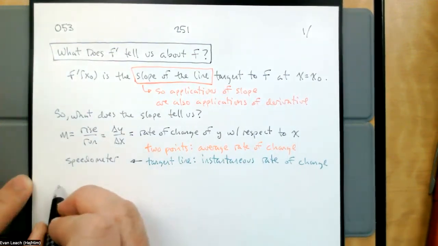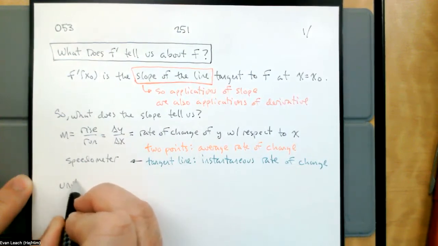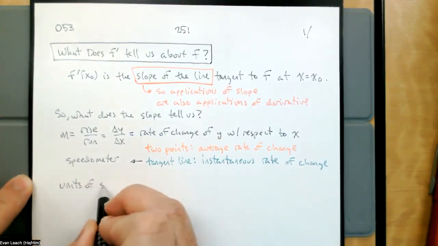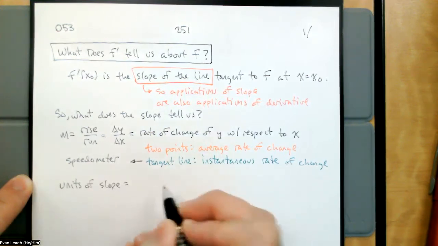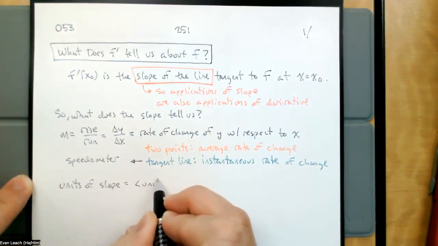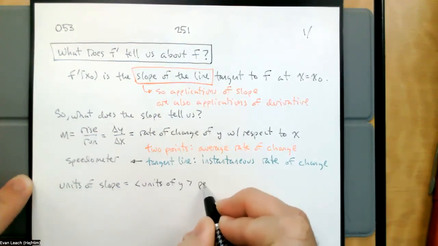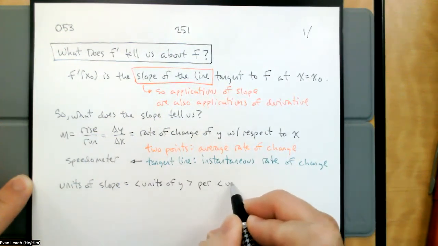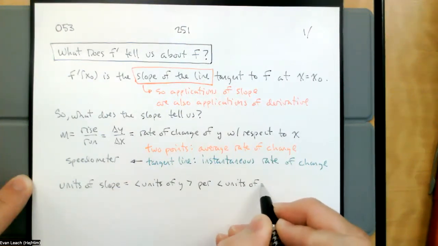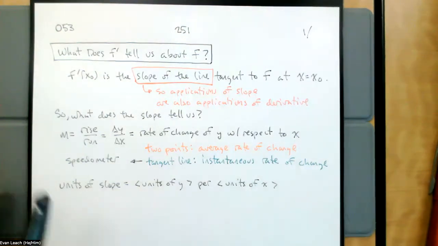So the units of the slope, we just take the units of y, we write the word per, and then we write the units of x. Per is just a word that means divided by.